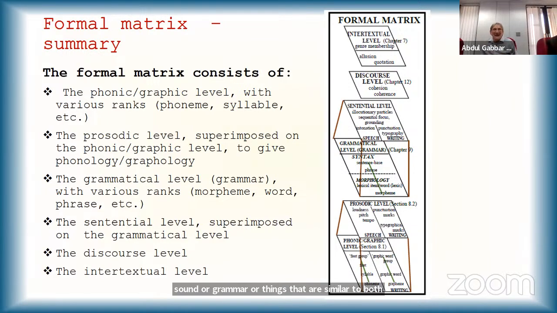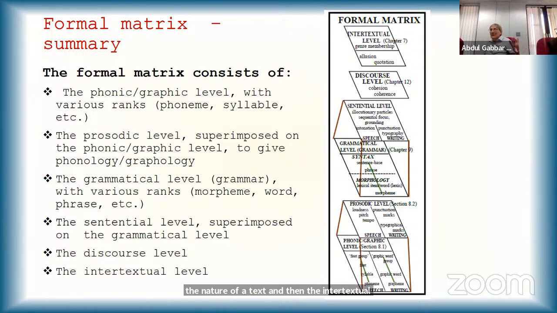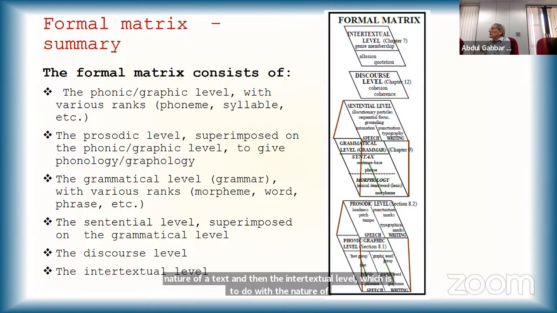So that gives us these levels: the phonic, graphic, and prosodic level, and together you might call those phonology if you use phonology in a more general sense. Secondly, the grammatical and sentential level, which you might call grammar, or grammar plus, because it's traditional grammar plus some extra things. Then the discourse level, to do with the nature of a text, and then the intertextual level, which is to do with the nature of the relationship between one text and another text or many other texts.